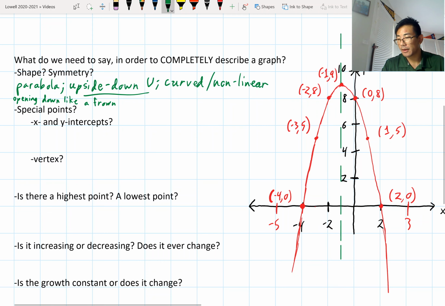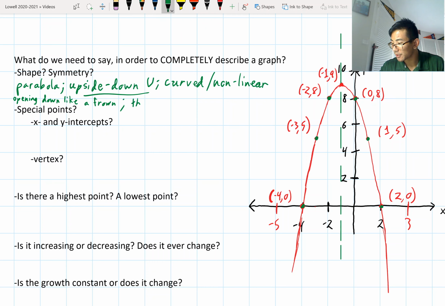Okay. You can see there that if I fold that over, then this point over here, this negative 2, 8 point, when I get folded over, it's going to land right on top of this 0, 8. And this negative 3, 5 is going to end up on top of that 1, 5, and so on and so forth. And so that's where you can see where your line of symmetry is. Does this thing have symmetry? Absolutely does.